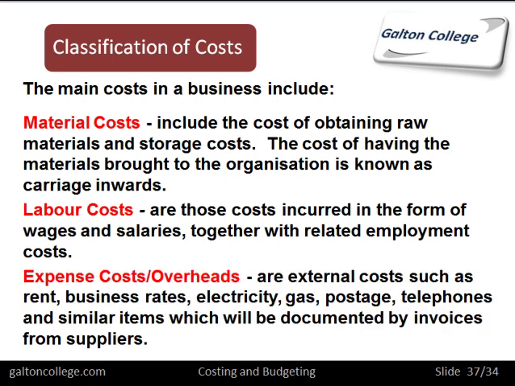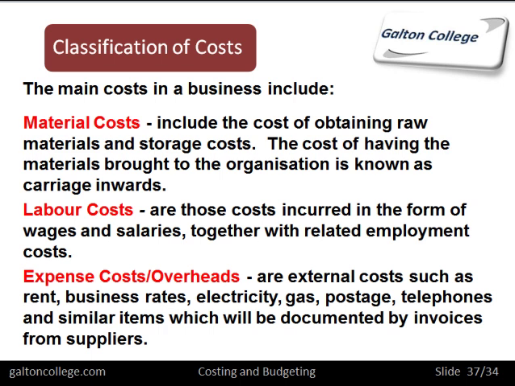The final type would be expenses and overheads. These are really external costs. There are costs such as rent, business rates, electricity, gas, postage, telephones, and similar items which will be documented by invoices from suppliers. It's a type of expense cost.